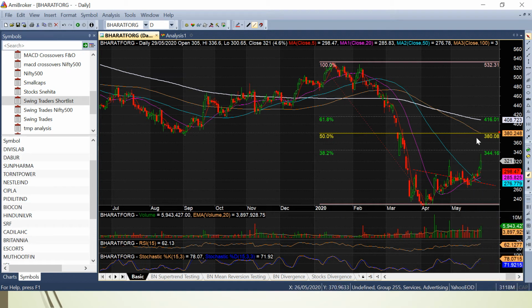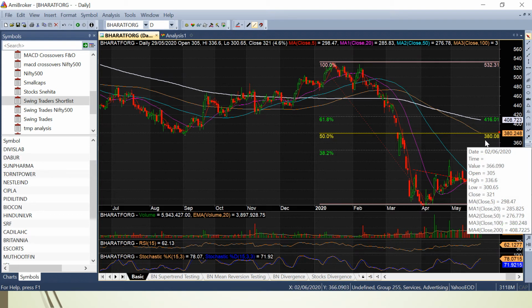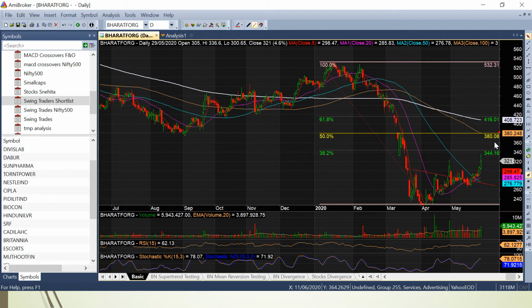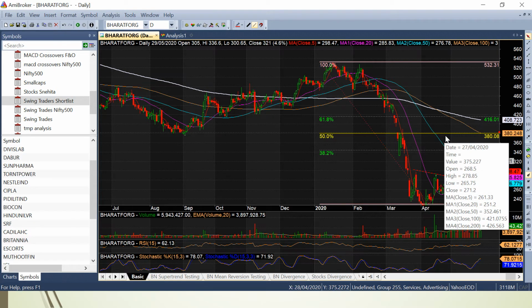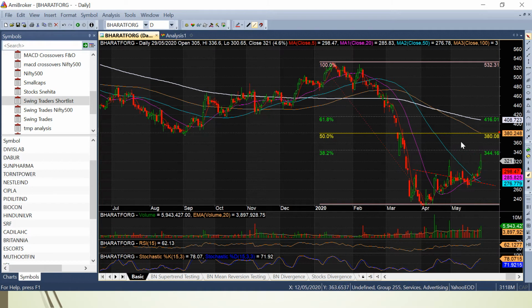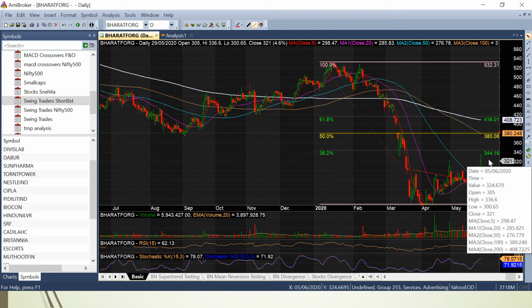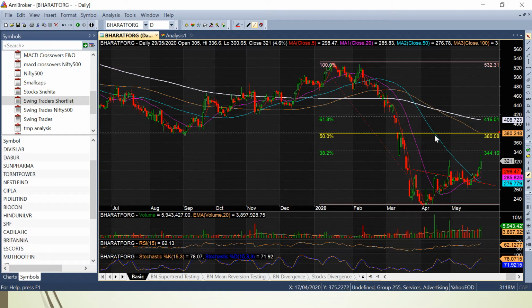Now here's the thing, there's a small tactic if you are trying to book profit at your set target price. Let's say 380 looks like my target for Bharat Forge. Because most of the big institutional selling will come at this level, and that is why it is supposed to be the resistance level, right? So just like you, a lot of people, and especially the big smart guys, are also doing the same.